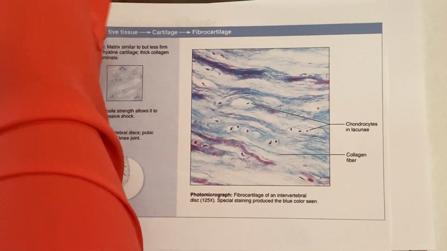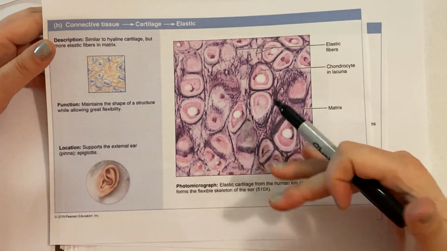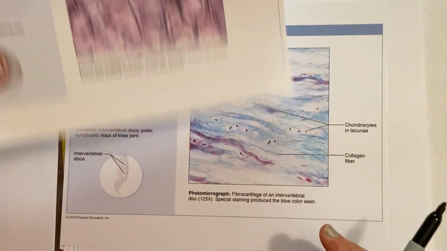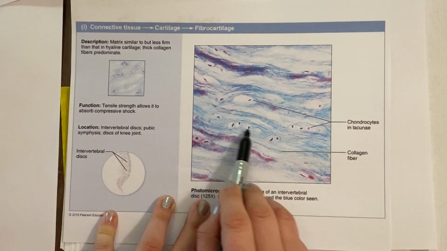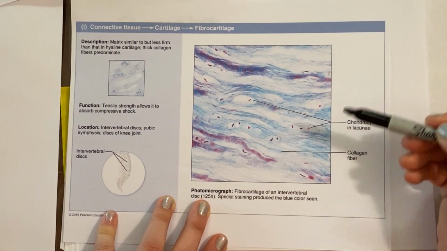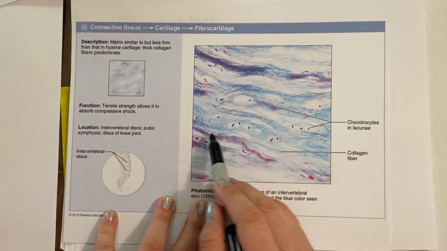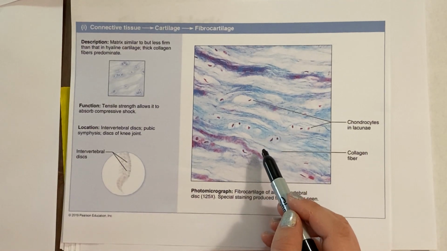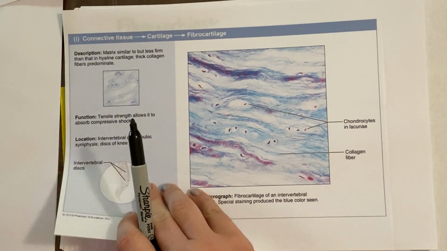Whereas when you're looking at these other ones, you have them just all over the place. They're not in any particular order. But when you have fibrocartilage, you have these lines of cells, and then in between, you have these fibers. Okay, so the collagen fibers are going to be found in here. And so this is going to be the main difference, where you can tell the fibrocartilage.